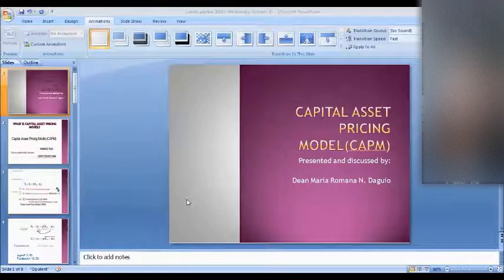Those are the two main objectives of our discussion today. I only got 8 slides for today's virtual meeting, but rest assured that you will be able to know how to compute this CAPM at the end of the discussion. So let us proceed.